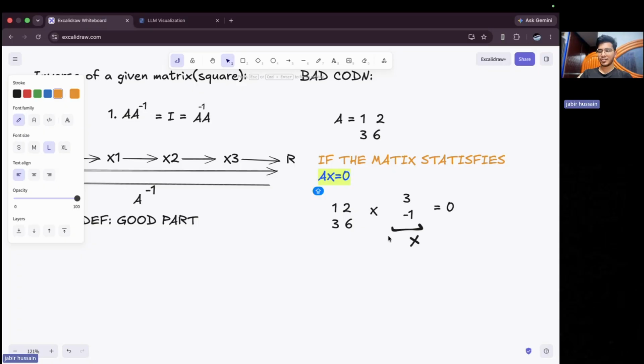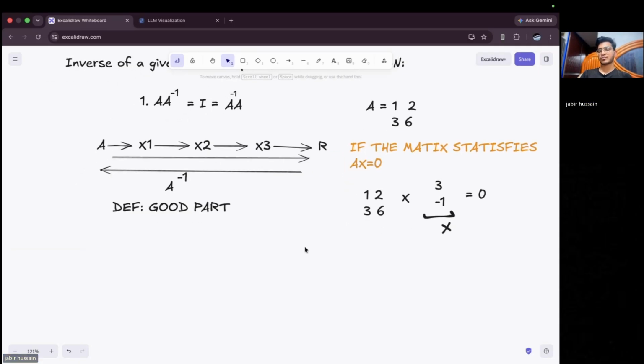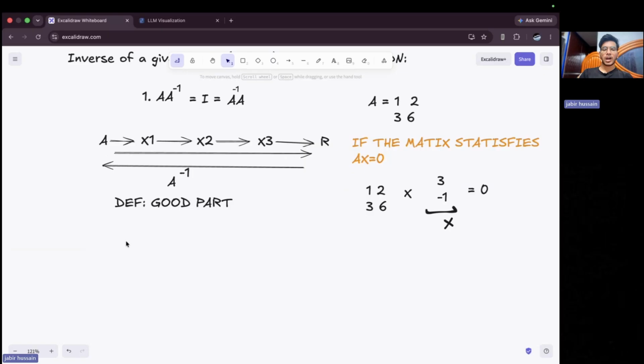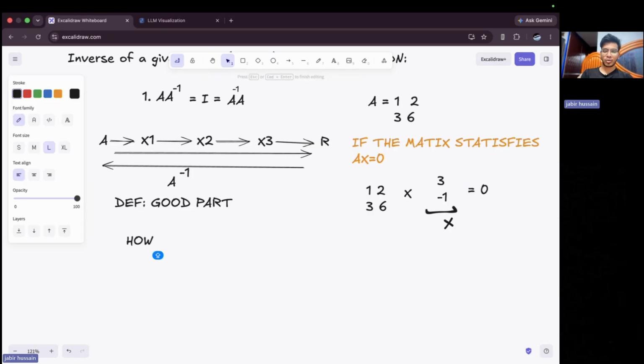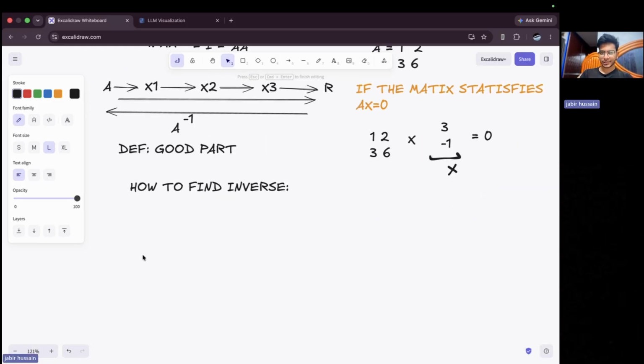You're just wasting time finding the inverse. It will not have an inverse. By this thing you can tell whether a matrix has an inverse or not. Now let's talk about how to find the inverse. Then we will talk about the mathematical description as well.